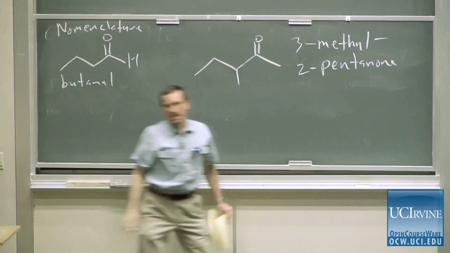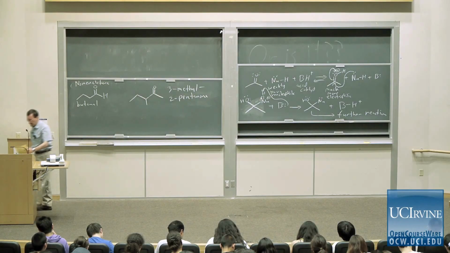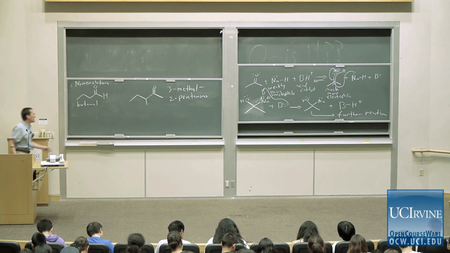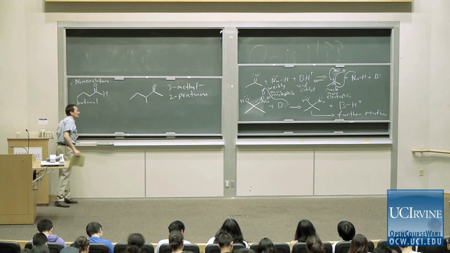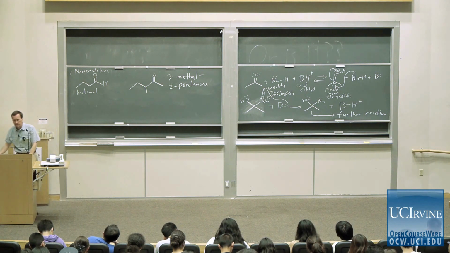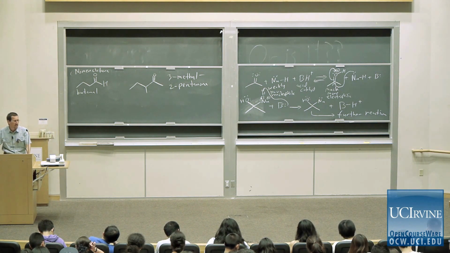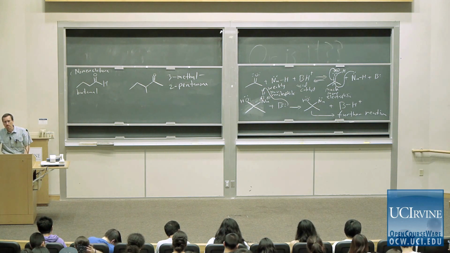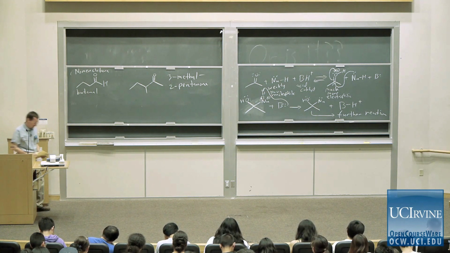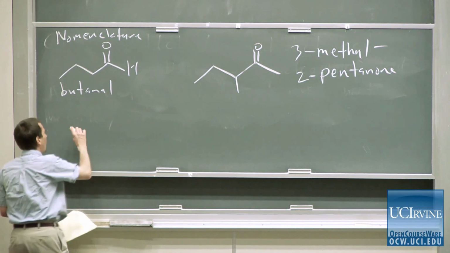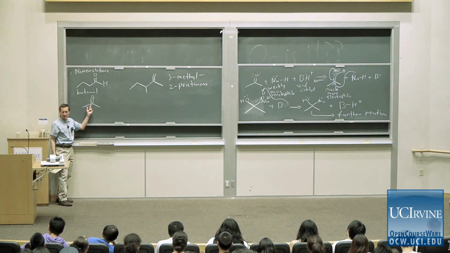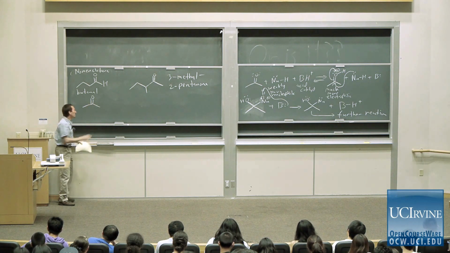And really, that's all there is to naming compounds by way of the IUPAC names for aldehydes and ketones. Now, there are so many aldehydes and ketones that have common names that we would maybe never even use the systematic name. So for example, if I looked at this ketone, who knows what this ketone is? Acetone, exactly.